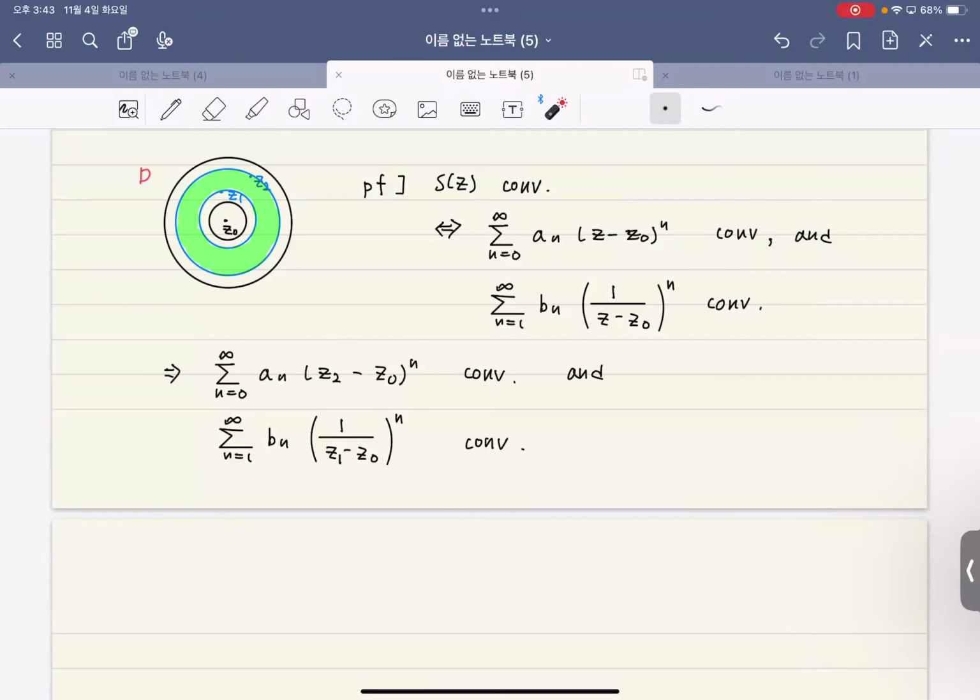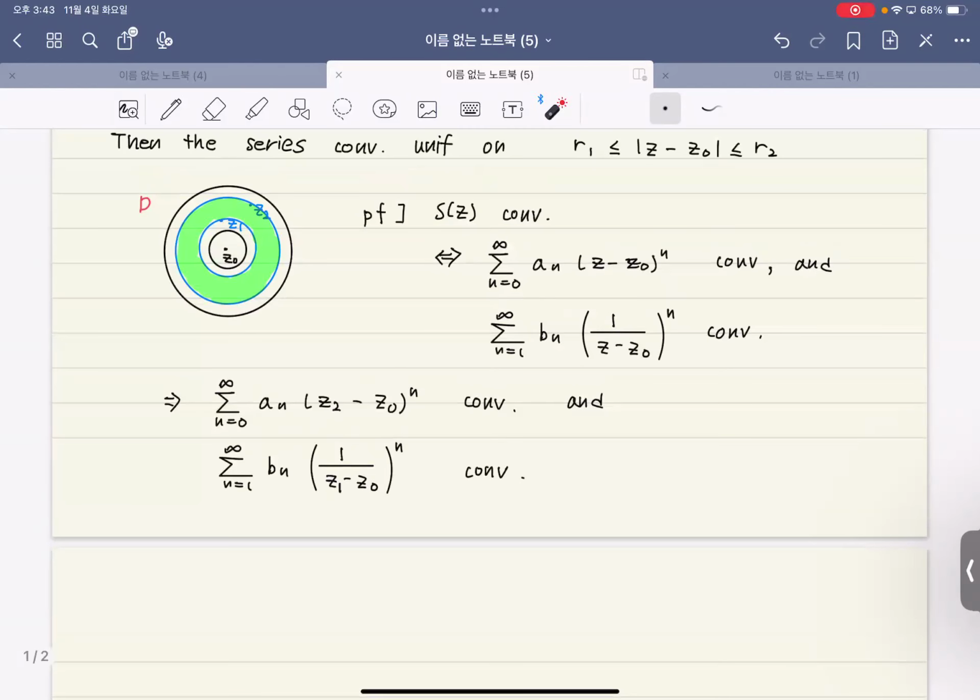Now is the best time to make use of the properties of the convergence of power series. Since this one is convergent, and plugging in Z equals Z2 is also convergent, this is absolutely convergent.